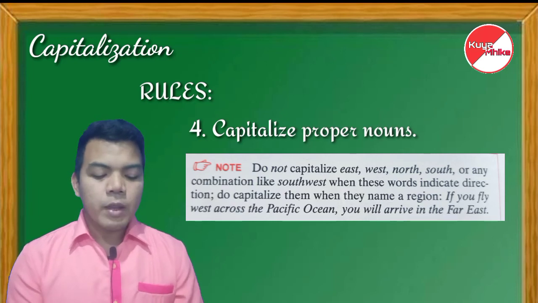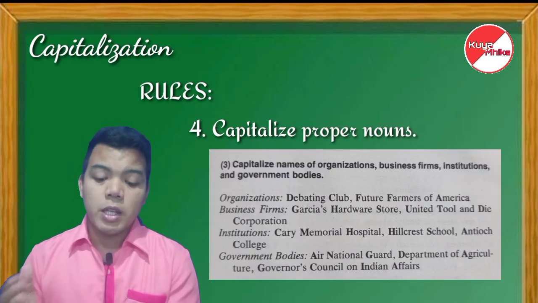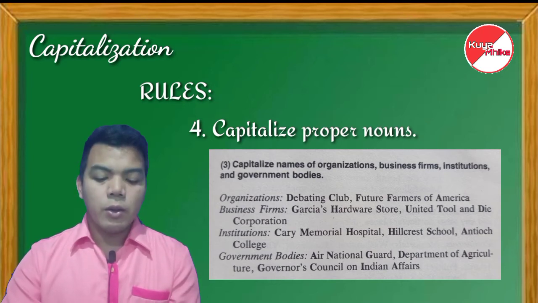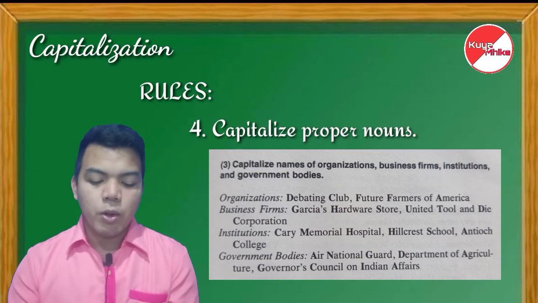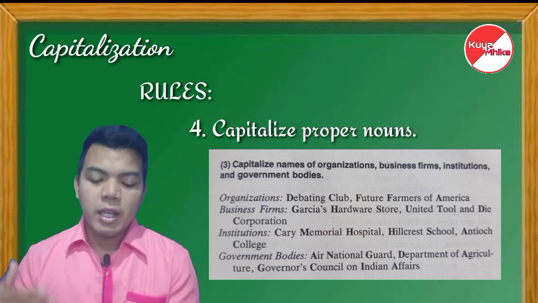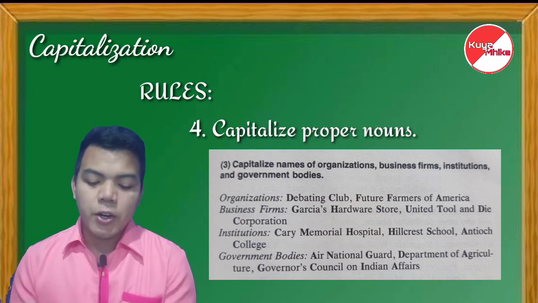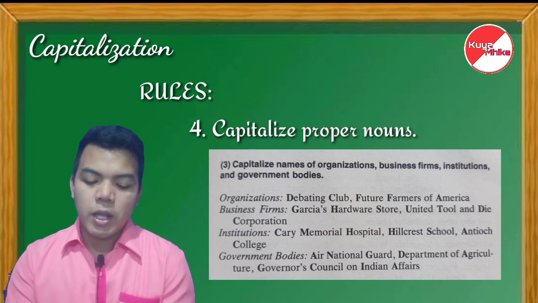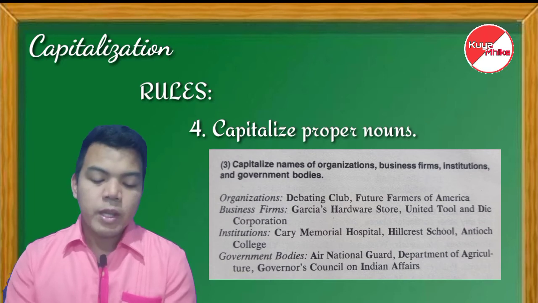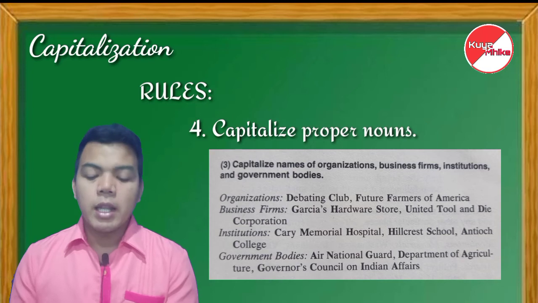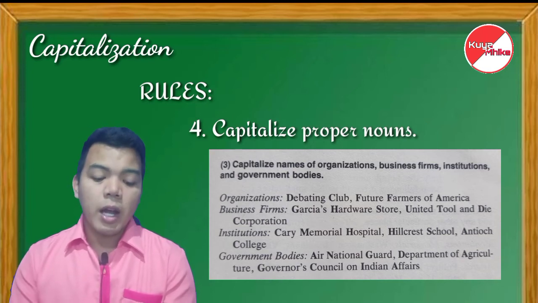Next is capitalize names of organizations, business firms, institutions, and government bodies. For example, organizations: Debating Club, Future Farmers of America. Okay, business firms naman: Garcia's Hardware Store, United Tool and Die Corporation. Institutions naman: Carey Memorial Hospital, Hillcrest School, Antioch College.